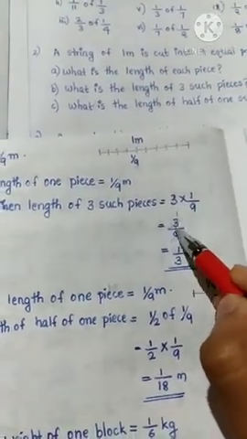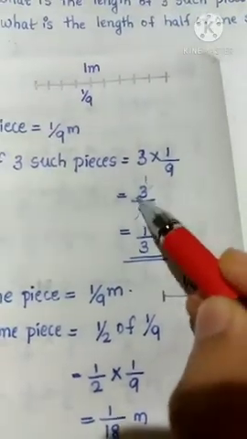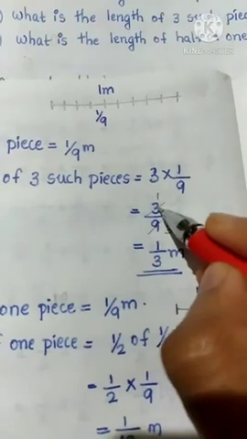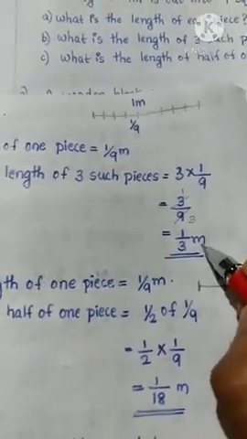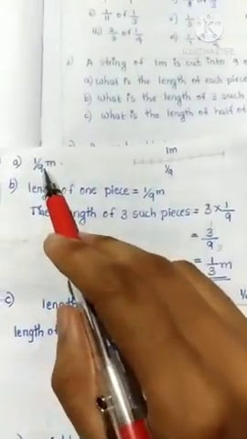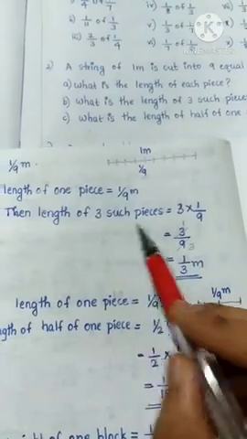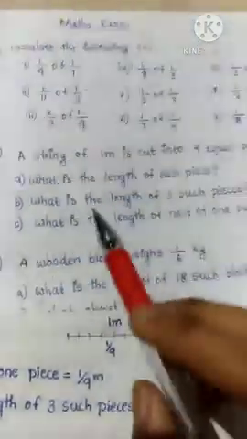So we will get 3 by 9. So we can again simplify this. 3 ones are 3, 3 threes are 9. So the answer is 1 by 3. The length of one piece is 1 by 9 meter. Length of 3 pieces is equal to how much? 1 by 3 meter.